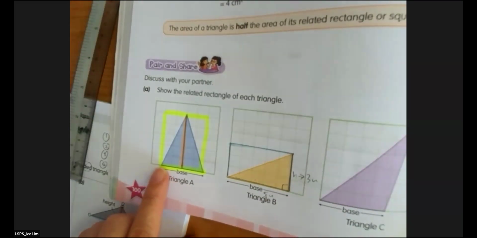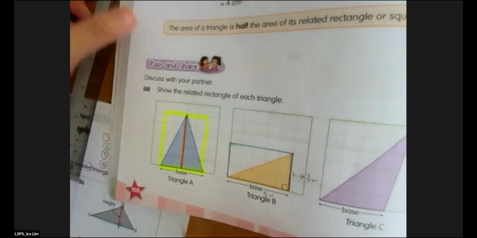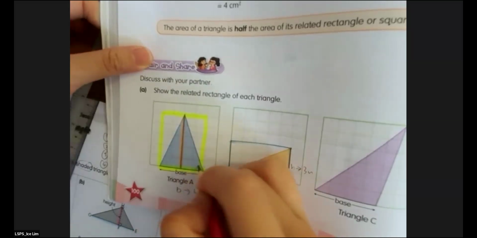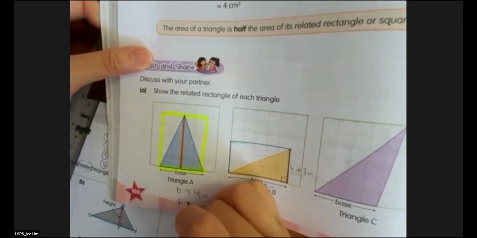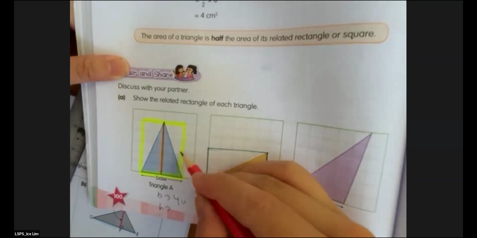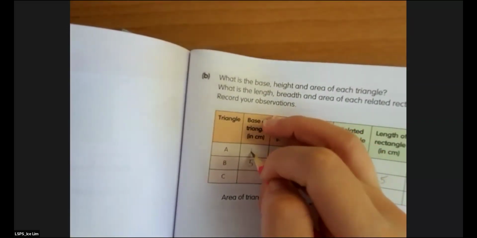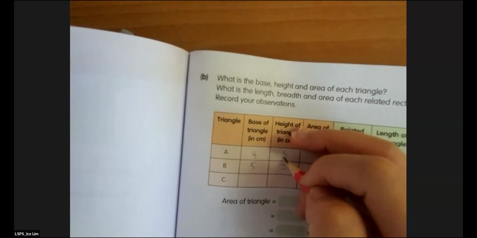So the base is 1, 2, 3, 4, 4 units. Height is 1, 2, 3, 4, 5, 5 units. So triangle A base is 4, height is 5.